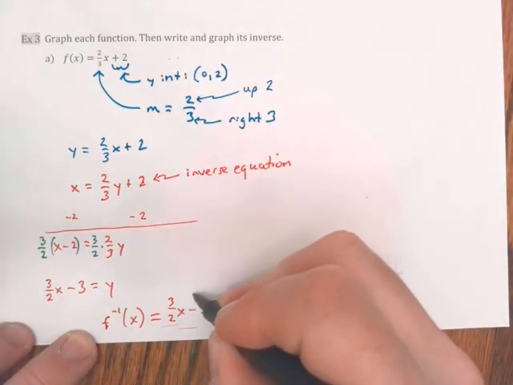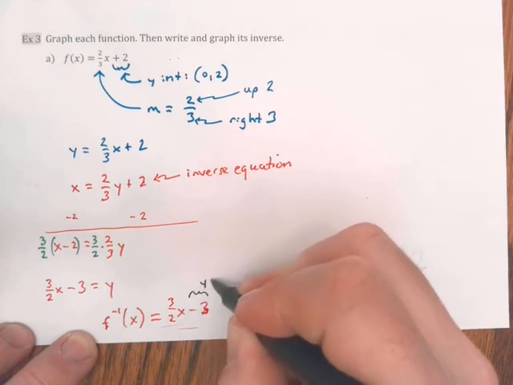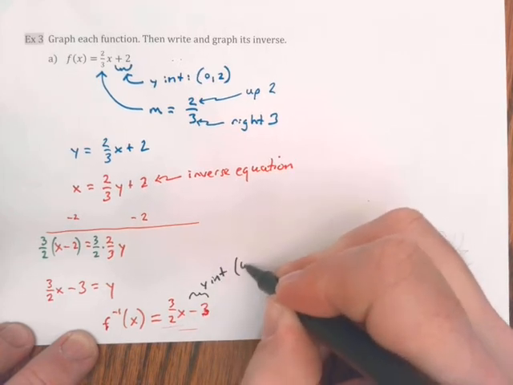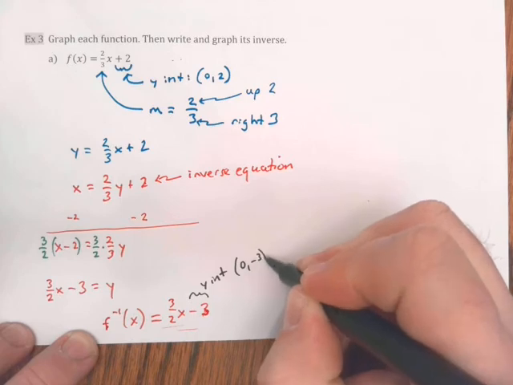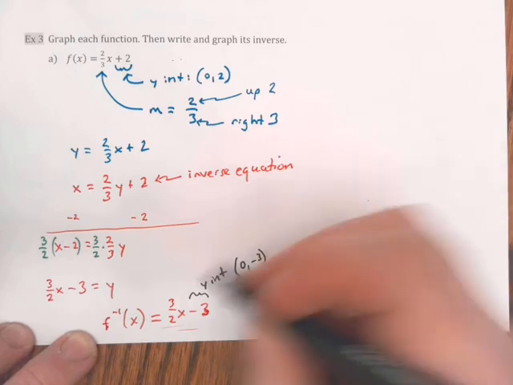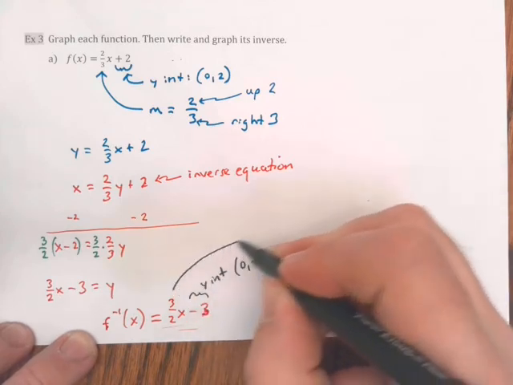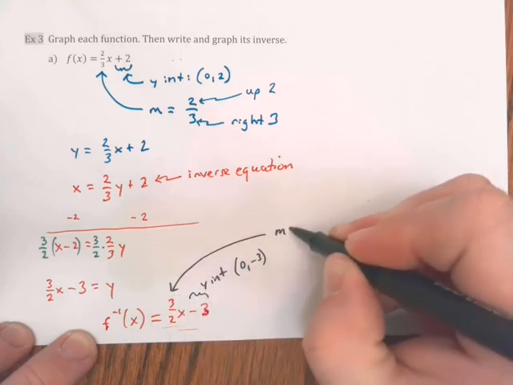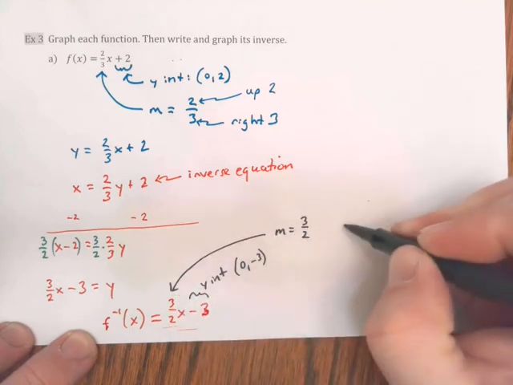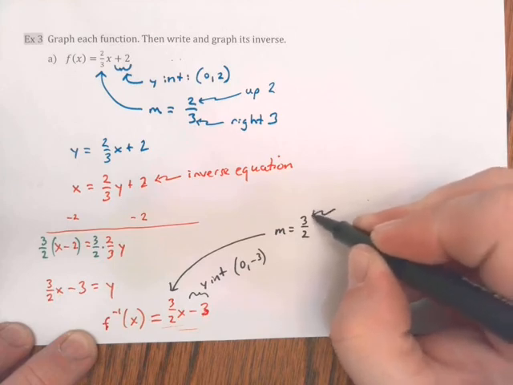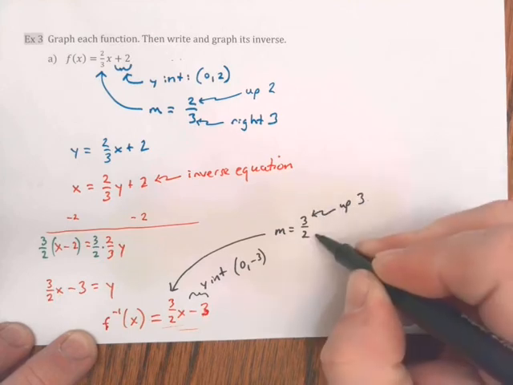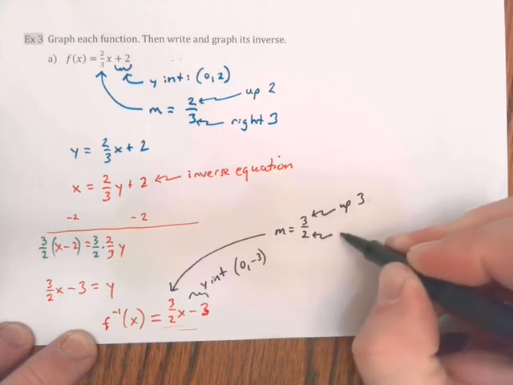So when I take a look at this, we have a y-intercept at the point (0, -3), and our slope is equal to 3/2, which tells me, using rise over run, we need to go up 3 and right 2.